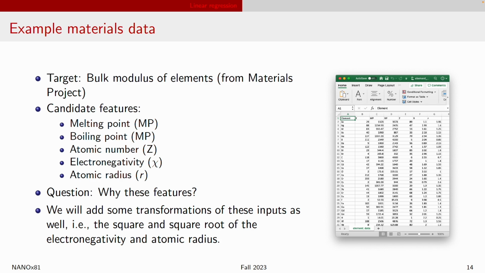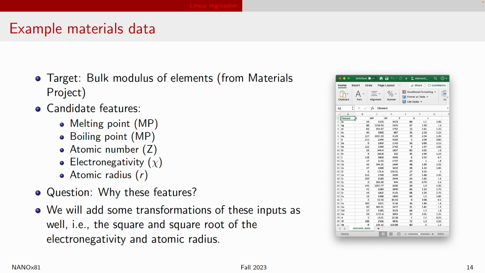The candidate features that we are going to use for our multiple linear regression model are the melting point, the boiling point, the atomic number, the electronegativity, and the atomic radius. All that data is in this comma separated value file. The first column is just the symbol of the element.